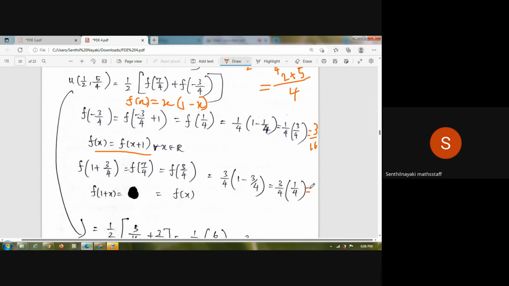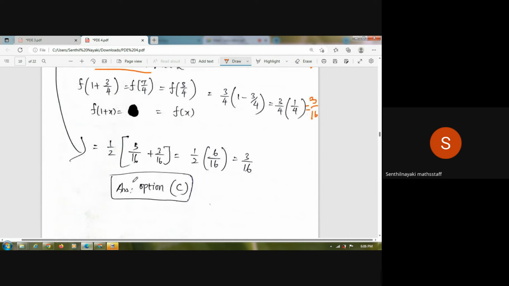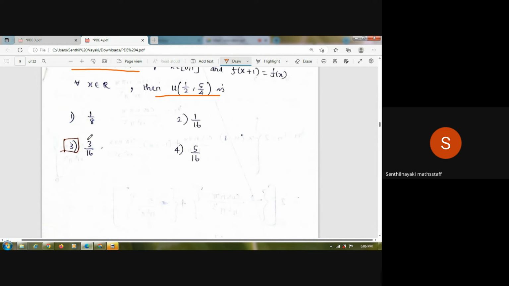So we have 3 by 16. So in both cases we have 3 by 16 and 3 by 16. So the correct answer is 3 by 16. So u of 1 by 2 comma pi by 4 is 3 by 16. So this is the answer.